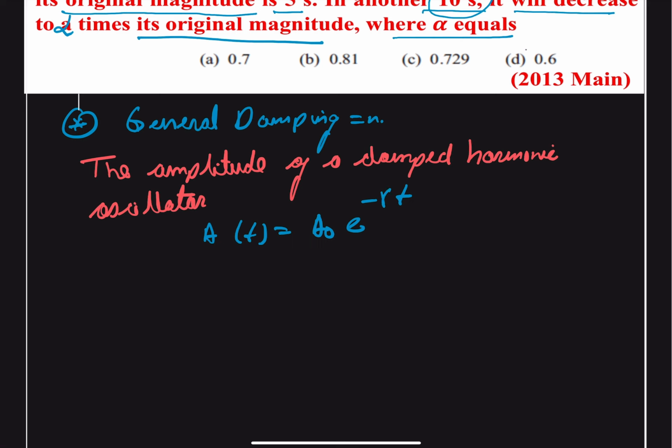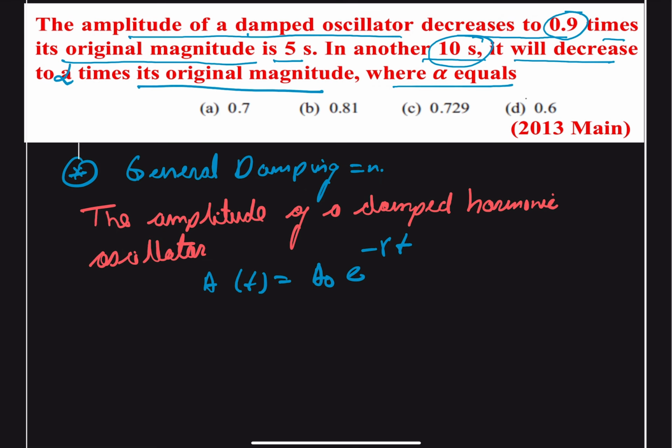Normally in the equation for the damped harmonic oscillator, in place of the gamma, usually the notation that is used is alpha. But in the question, the alpha is being used for the amount of the decrease. So we are going to simply replace that particular notation by a gamma.